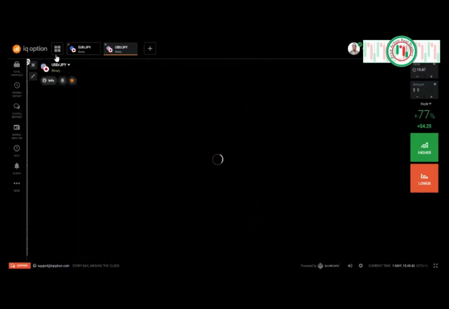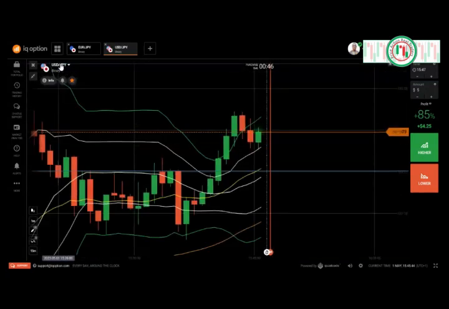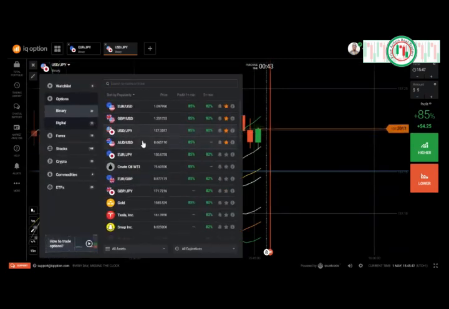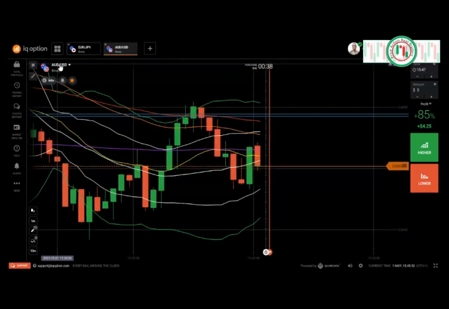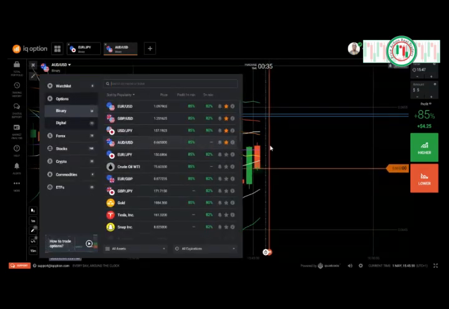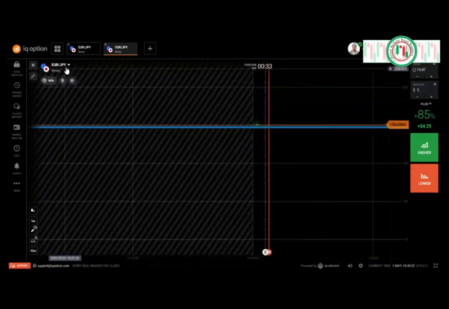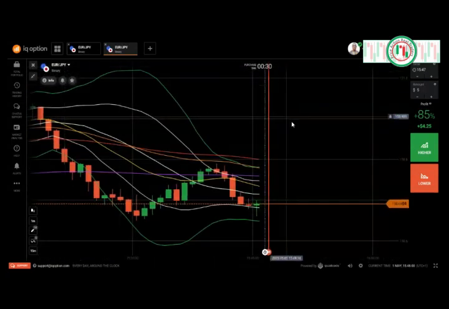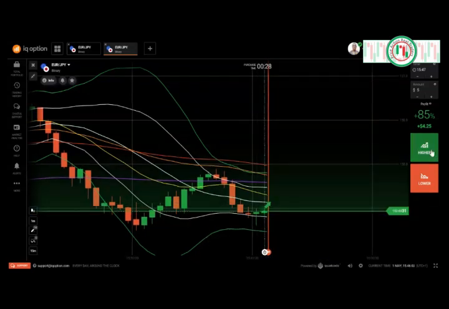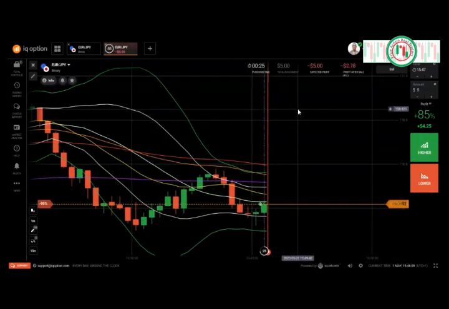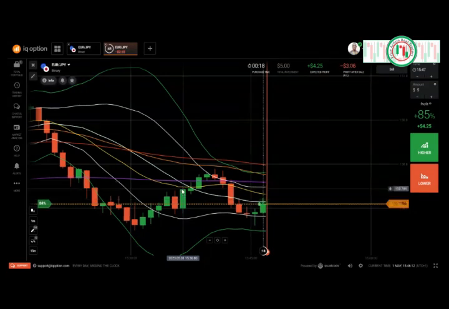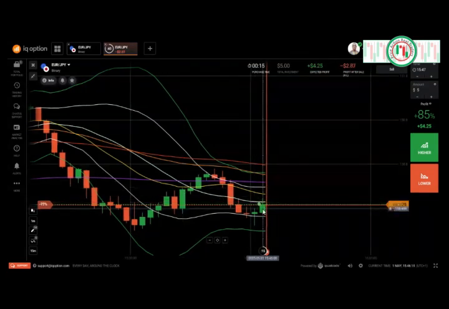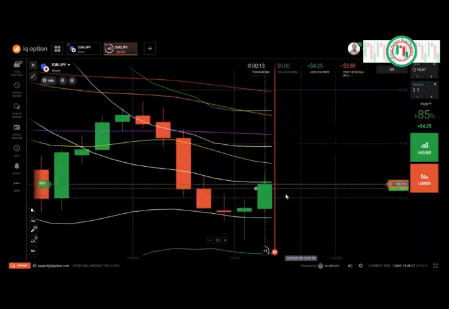Here is not nice, here as well. So here this is a zone, but late entry, but no problem. I'm expecting a strong candle. As you can see here, you see a strong candle, so I'm expecting the market to create a strong candle here as well. So I place my trade.